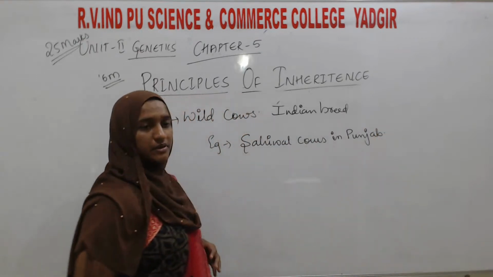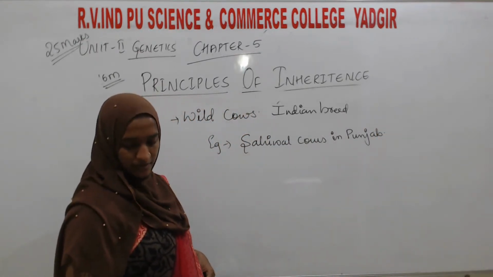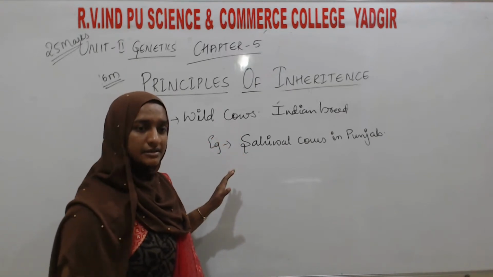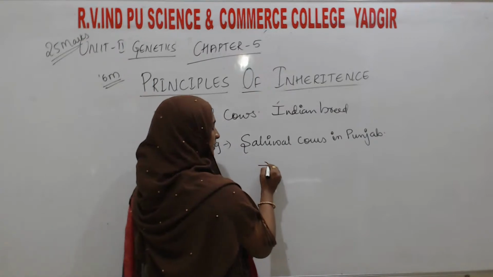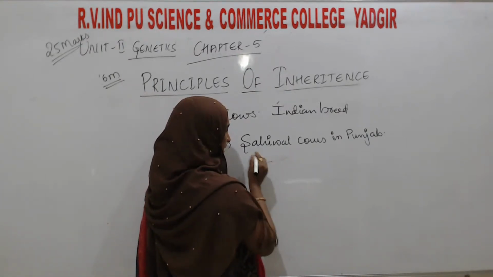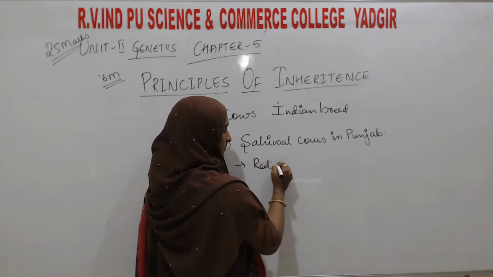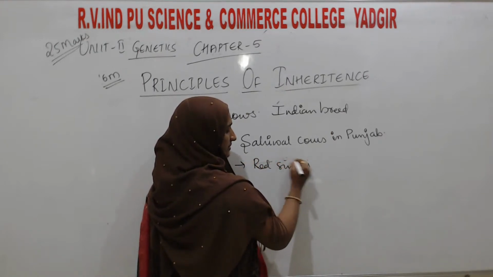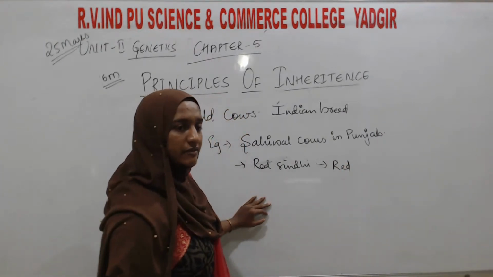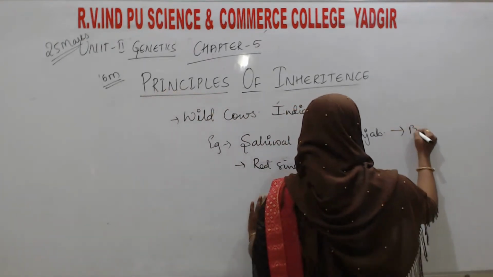This is one example of cattle. See, Sahiwal cows in Punjab have some characters, such as being brown in color. One more example we can take is Red Sindhi, which means their color is red.